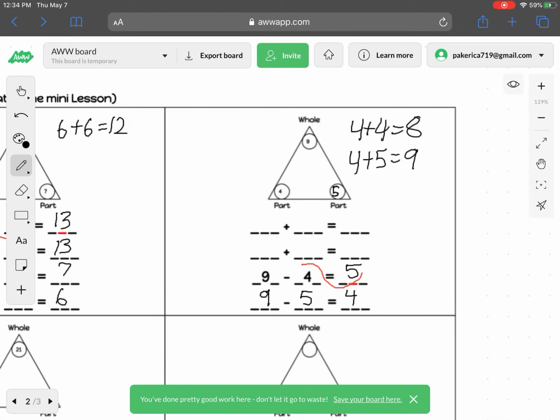That leaves me with my addition problems. And when I'm adding, I always add my parts. My parts, again, were 4 and 5. So let's write our equations. That was 4 plus 5 equals 9, or 5 plus 4 equals 9. Great, let's look at another example.